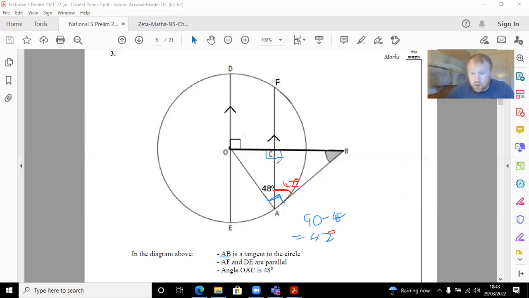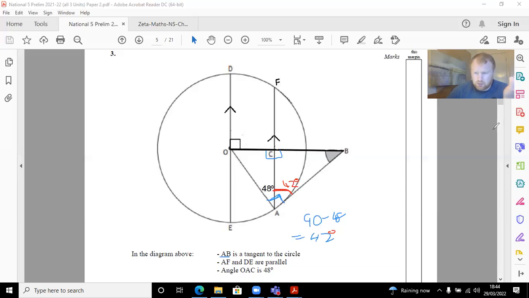Now that leaves us with this right angle triangle, and the knowledge that the 3 angles in a triangle equals 180. So that missing angle that it's asking for, angle OAC, or what?